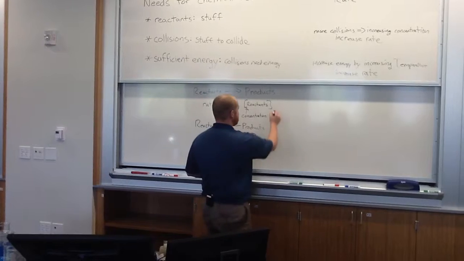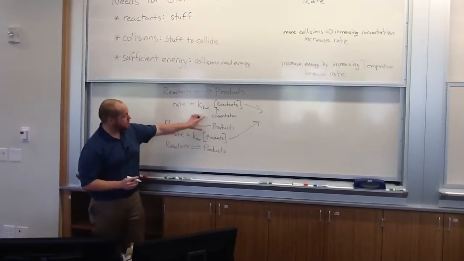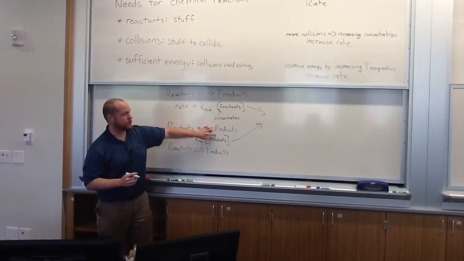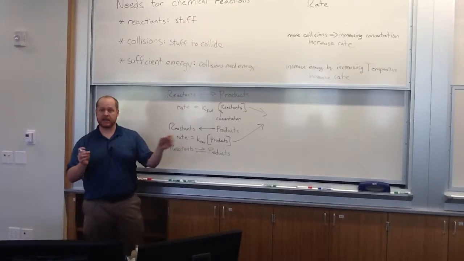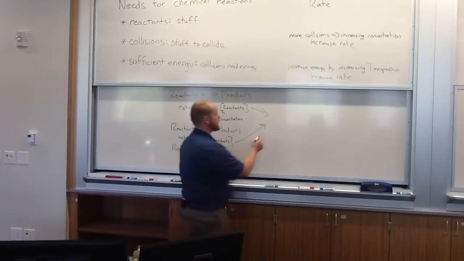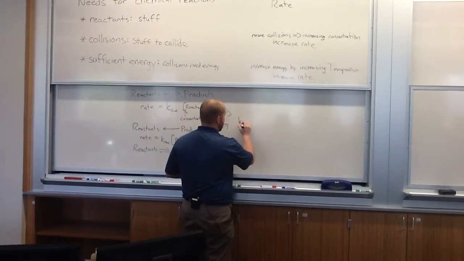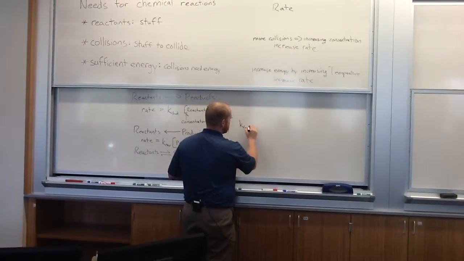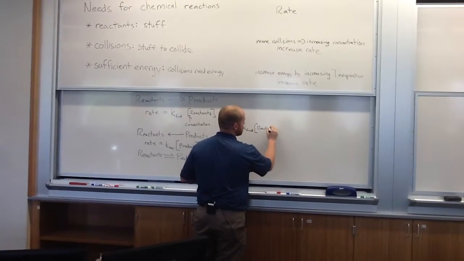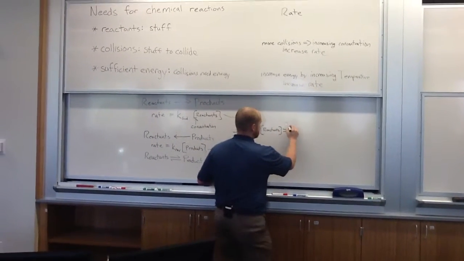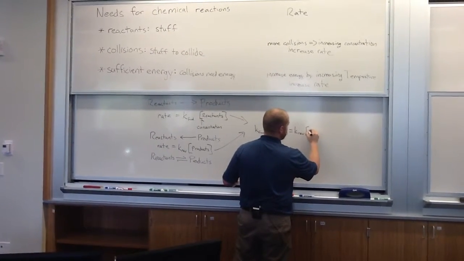And if we were to take these two rates, at some point, depending upon the concentrations of the reactants and products and these two rate constants, we're going to reach a point where the rate of the forward reaction and the rate of the reverse reaction are the same. And so we can say that at that point, K forward times the concentration of the reactants will equal K reverse times the concentration of the products.